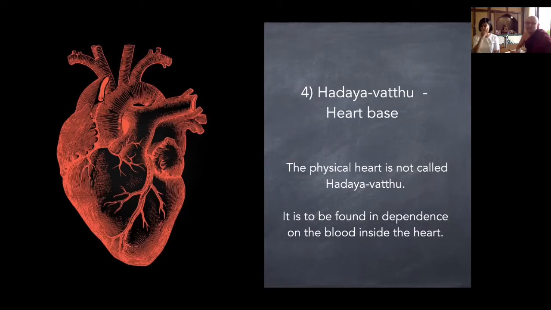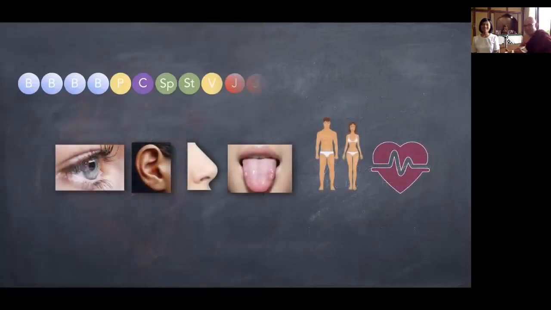And in general, when they bring a base to the mind, to consciousness, it is Hadaya Vatthu. The teachers in the past arrived at this conclusion, which is not totally a consensus among all of them. Bhante just made a summary of what we are going to look at right now. It's a menu, ladies and gentlemen, a menu.